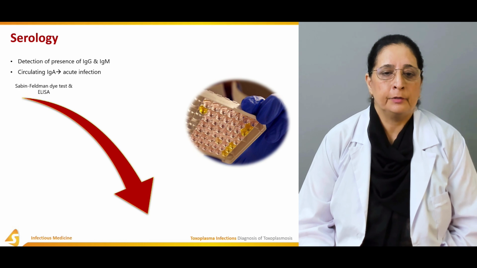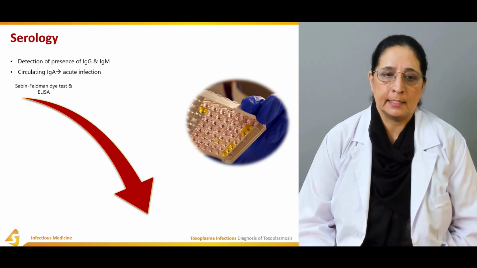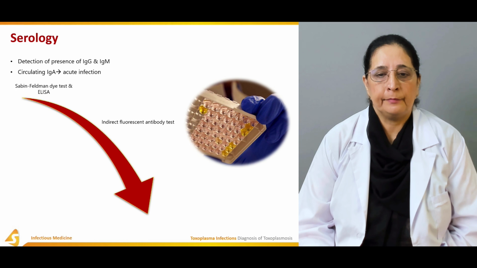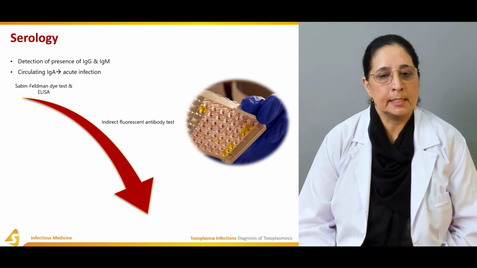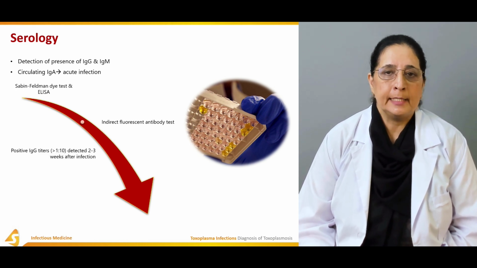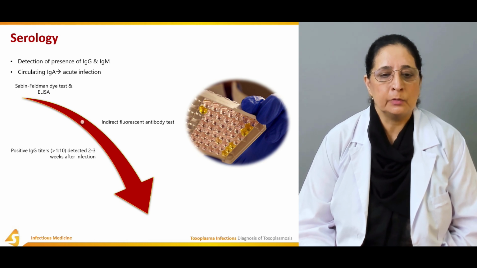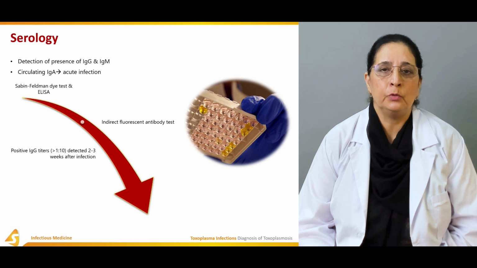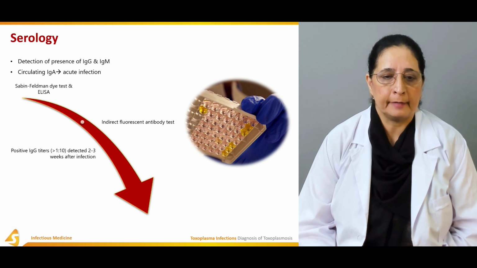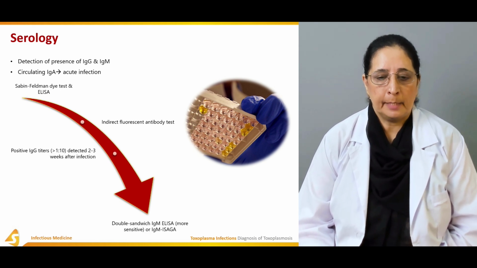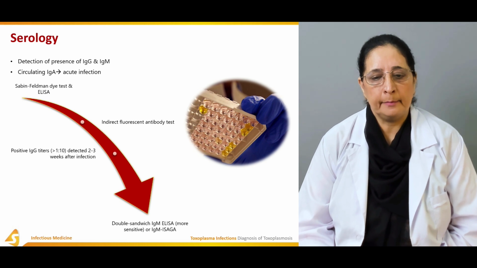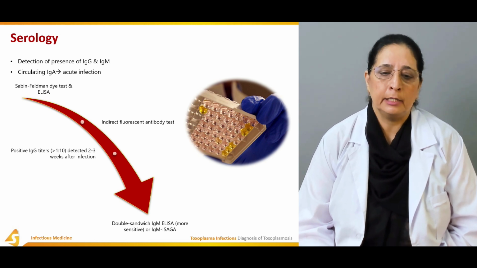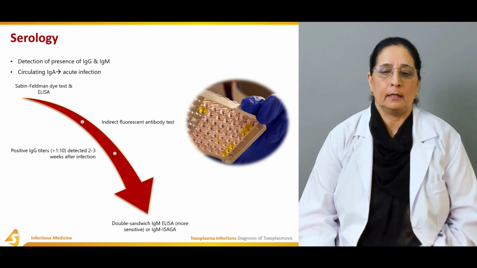We have the Sabin-Feldman dye test, ELISA, and indirect fluorescent antibody test; positive IgG titers of more than 1:10 are detected 2 to 3 weeks after infection. Also the double sandwich IgM ELISA or IgM ISAGA.